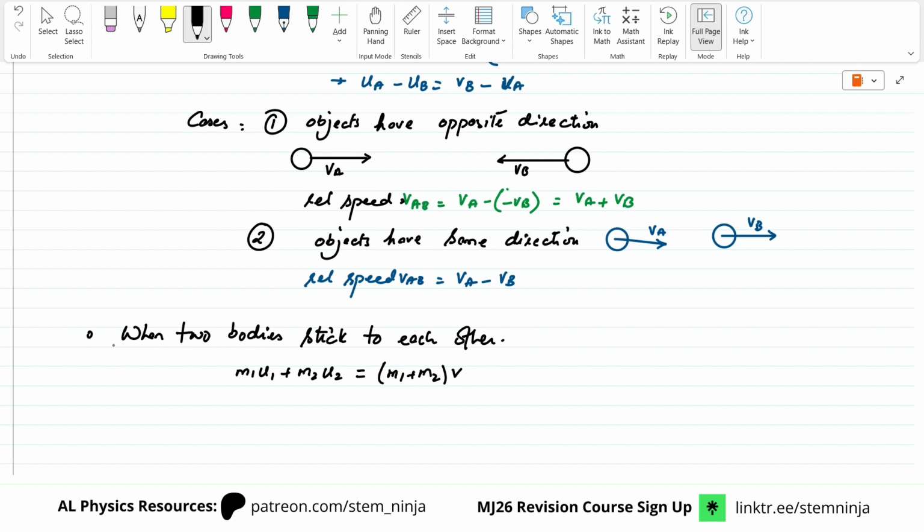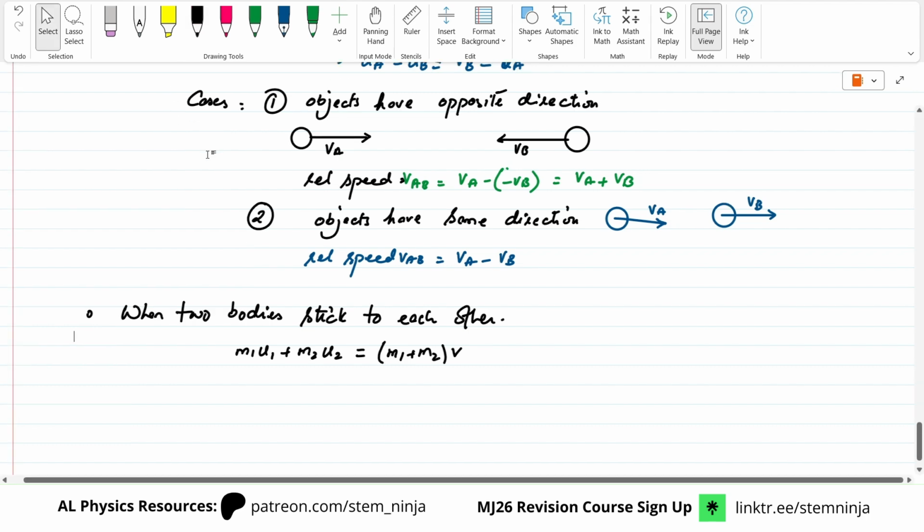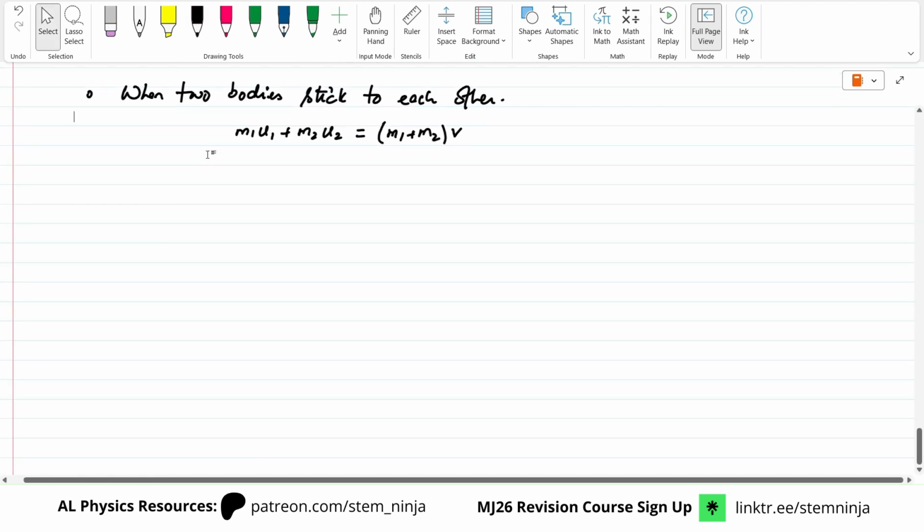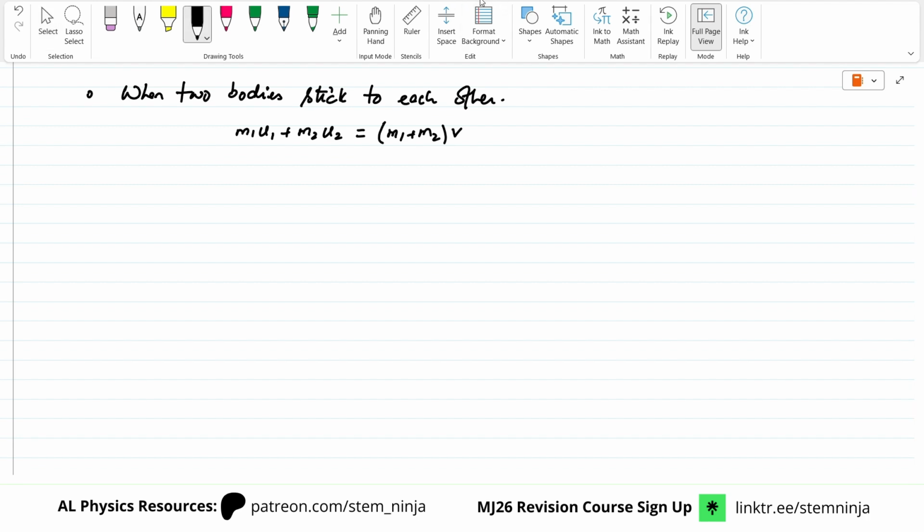So this is a case that comes up in many different forms. Maybe there's a bullet lodged in an object, maybe something else. All right, so let's look at some past paper questions to practice this concept.